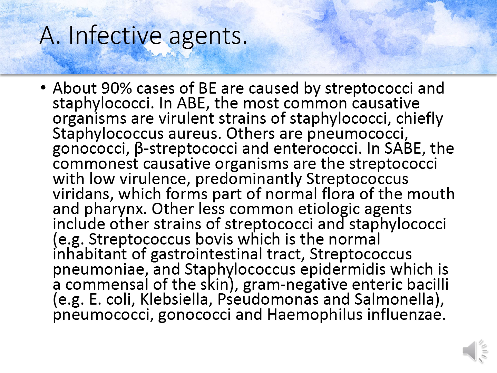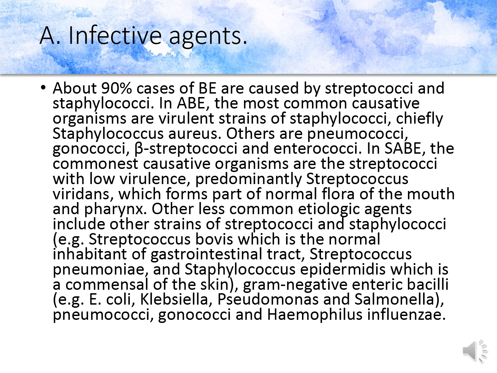In subacute bacterial endocarditis, the commonest causative organisms are streptococci with low virulence, predominantly Streptococcus viridans, which forms part of normal flora of the mouth and pharynx. Other, less common etiological agents include other strains of streptococci and staphylococci.